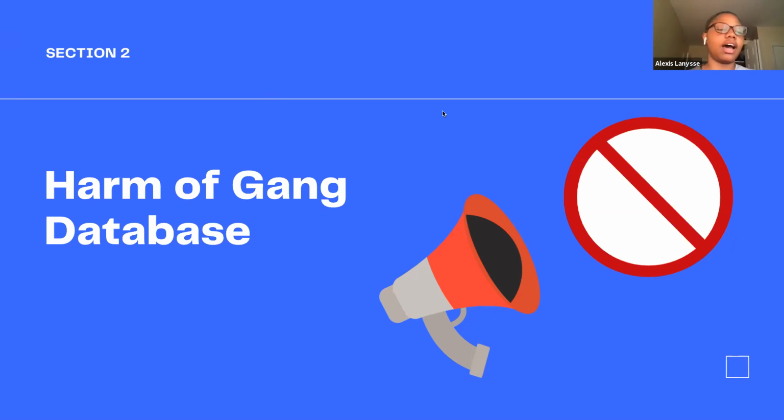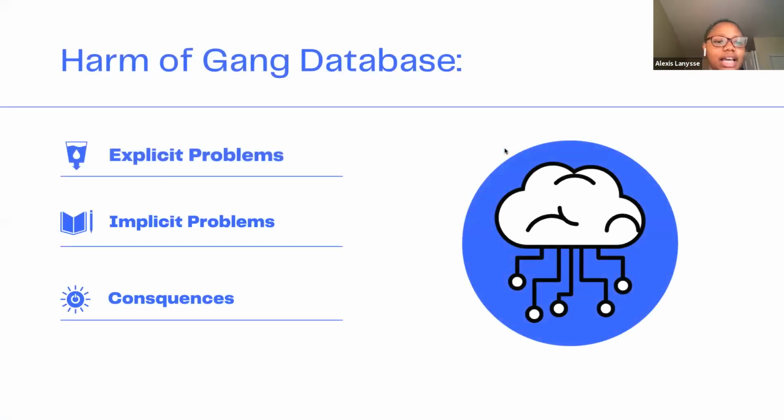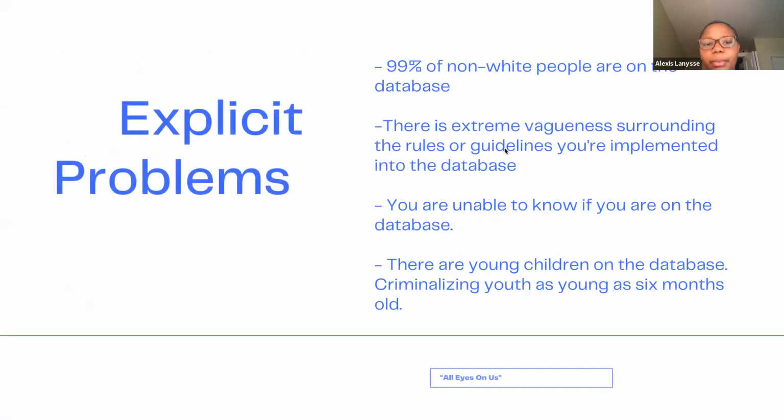And to begin, I feel we know that the gang database is a problem. And just to go over small little tags, first one, the gang database is made up of 99% non-white people. So just think about that. 99% of the gang database are people of color.